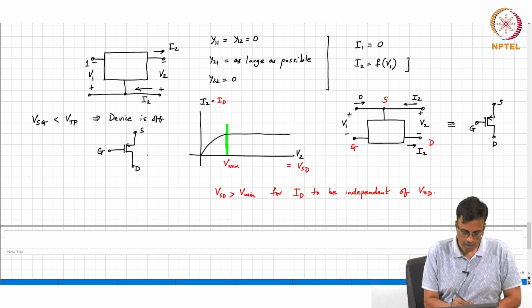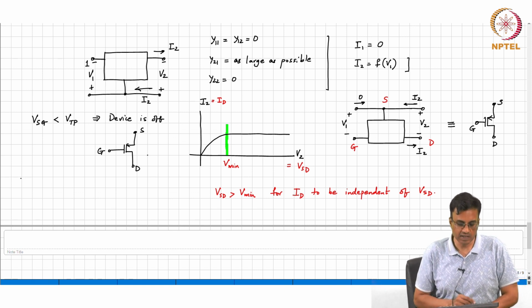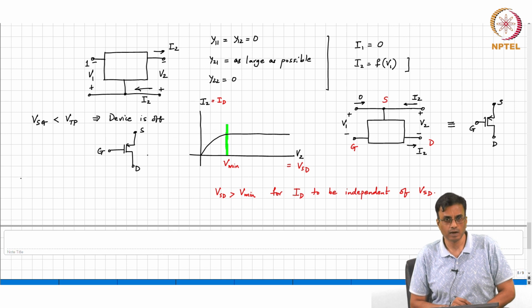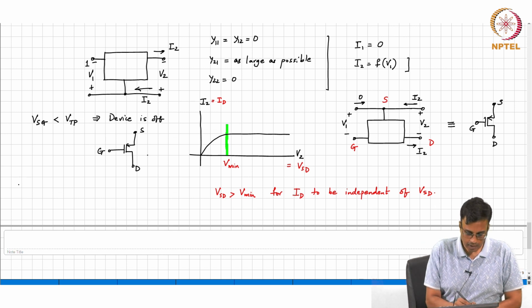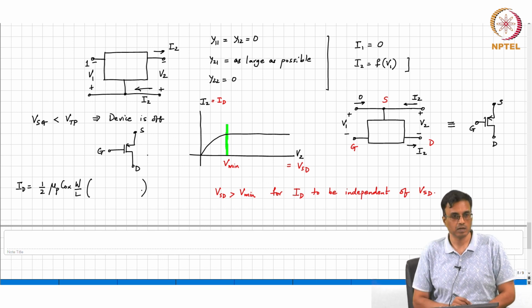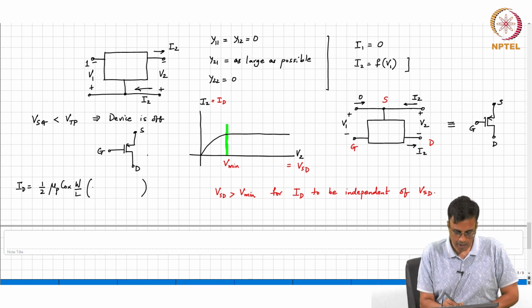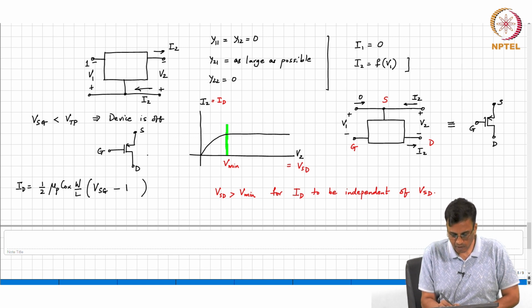If VSG is greater than VTP, then the current is independent of the drain source voltage or source drain voltage, and is only dependent on the source gate voltage. So, VSG minus VTP, the whole square.